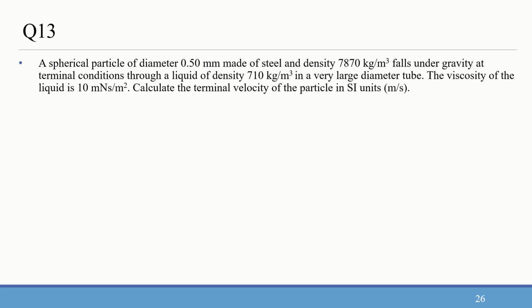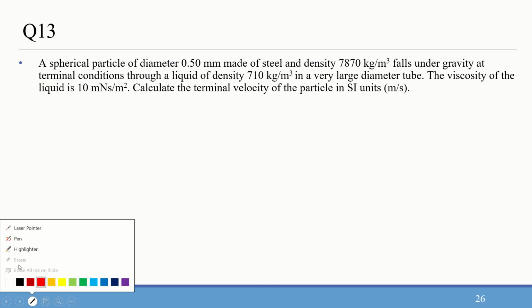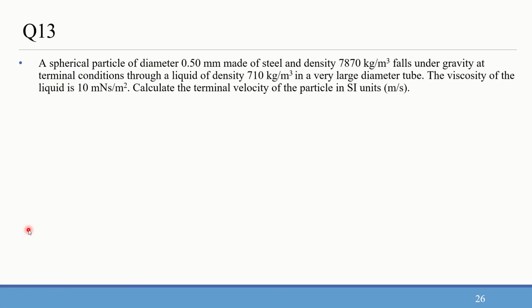Now coming to question 13, these are also similar problems wherein we are asked to find the terminal velocity of the particle in SI units. In the question, a spherical particle of diameter 0.5 mm made of steel and having density 7870 kg per meter cube falls under gravity at terminal conditions through a liquid of density 710 kg per meter cube in a very large diameter tube.